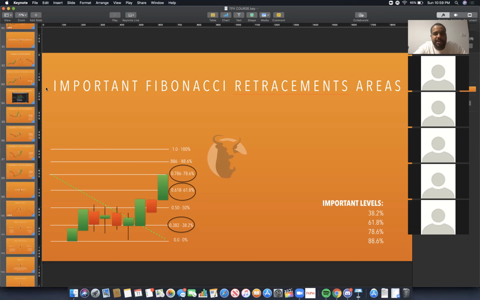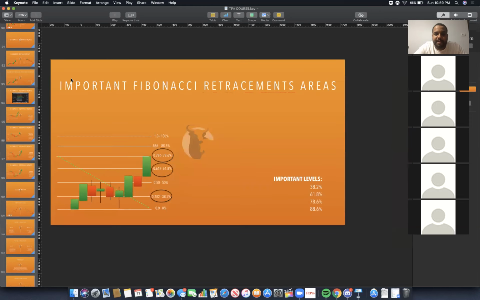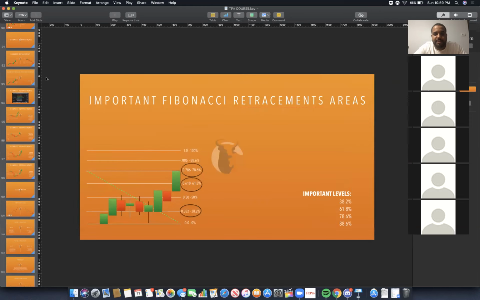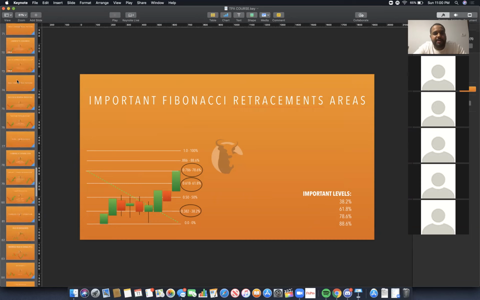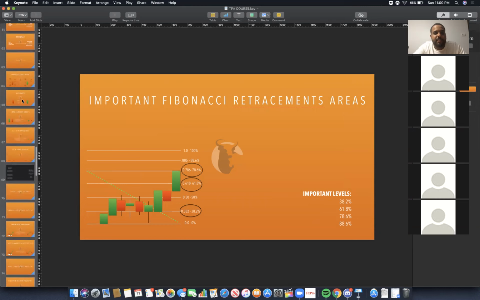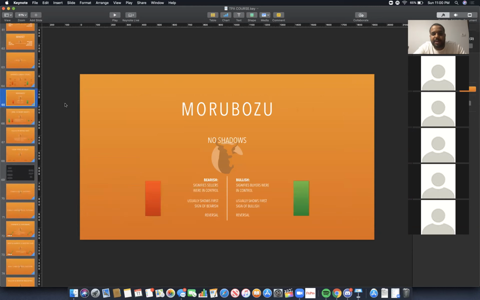Now, there's times when I have a conversation with you guys and I'm talking about the buyers are coming in or the sellers are coming in, or you hear other people in the chats talk about the buyers having a hard time taking control. Well, when we were talking about candlestick patterns, with the single candlesticks and the identification beyond them, we were talking about marubozus, right?